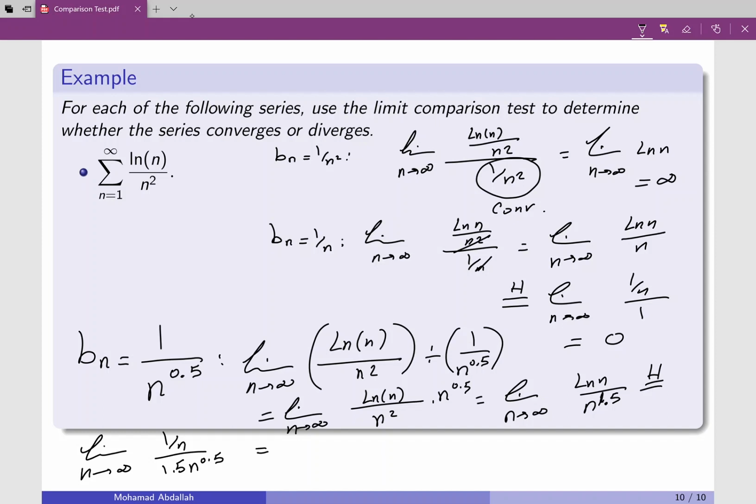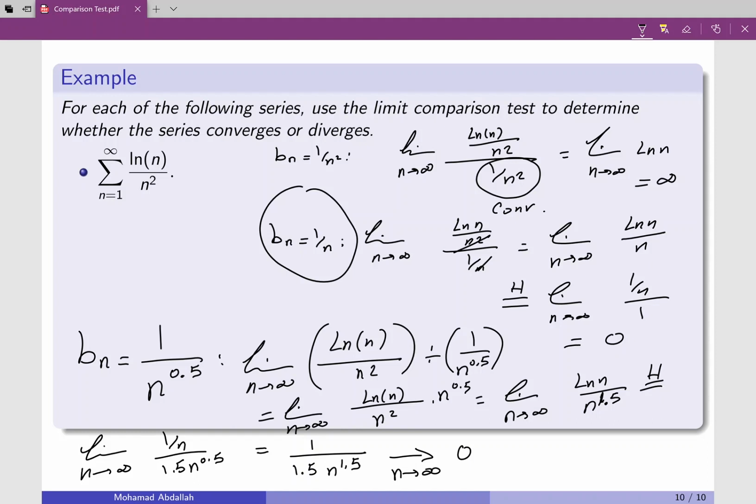This is equal to 1 over 1.5 n to the power 1.5. So the denominator goes to infinity, and this goes to 0 when n goes to infinity. So this is not helpful, because this is giving me the same result as Bn equal to 1 over n gave me. So maybe I'll try something else.